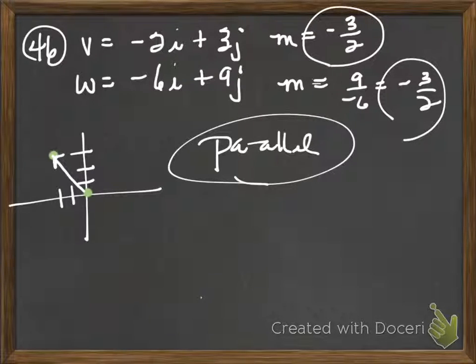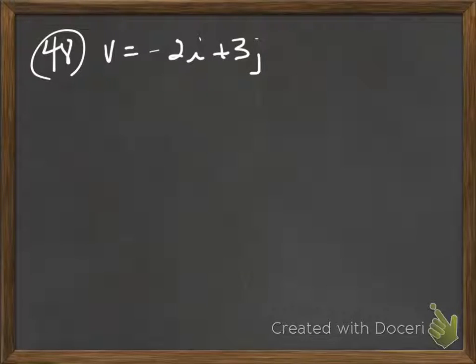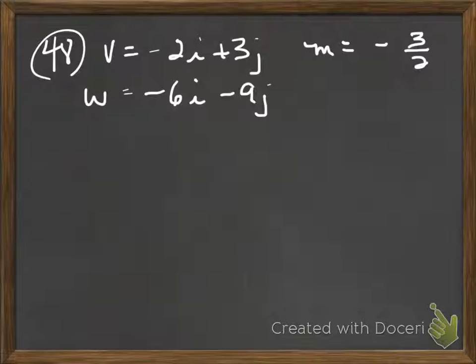All right, so 48. It gives you vector v is negative 2i plus 3j. Vector w is negative 6i minus 9j. So the slope of vector v would be negative 3/2, and the slope of vector w would be positive 3/2.